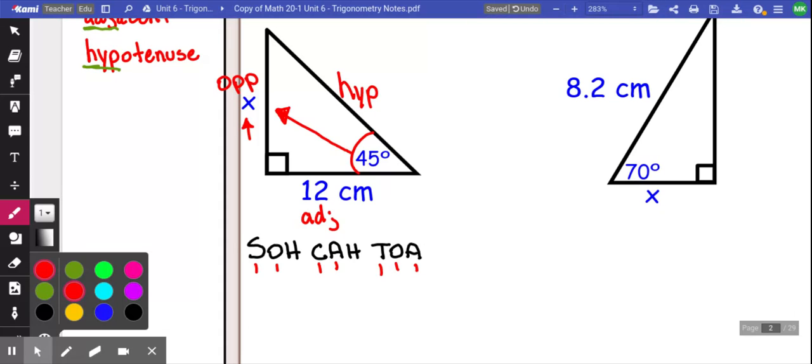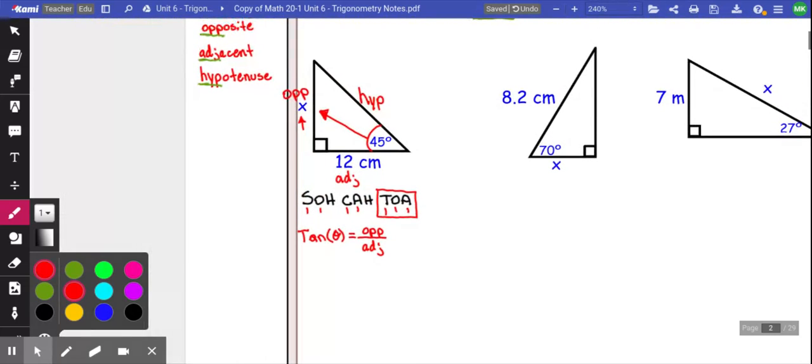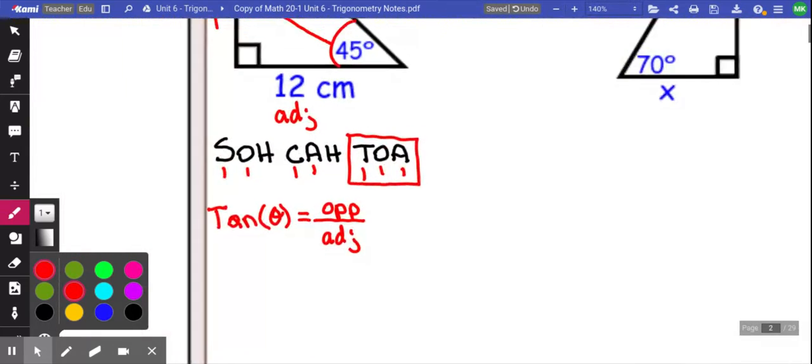Once you've put checks under what you know and what you want to know, you'll notice that one of your sections of Sohcahtoa has 3 check marks. That tells you you should use the TOA formula, which is tan of an angle equals opposite over adjacent. So it tells you what formula to use.